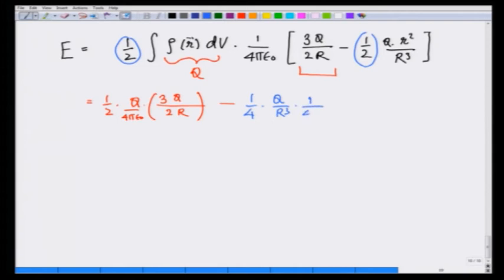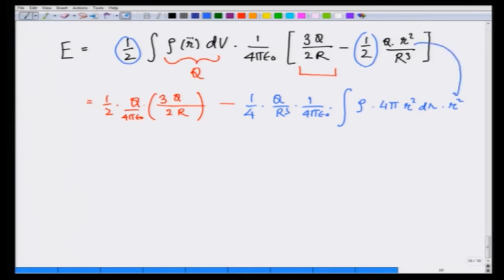There is a 1 over 4 pi epsilon 0, and I am left with integration rho, which is a constant, times the volume integral, which is going to be 4 pi r square dr, and I already have an r square from here.